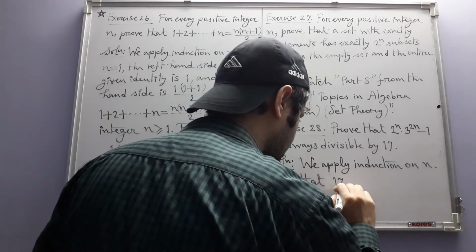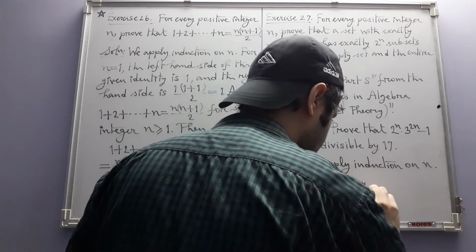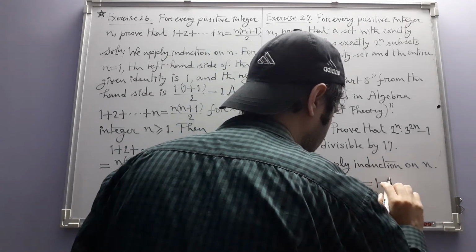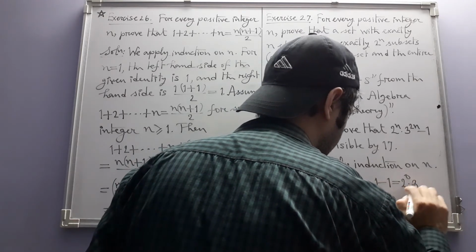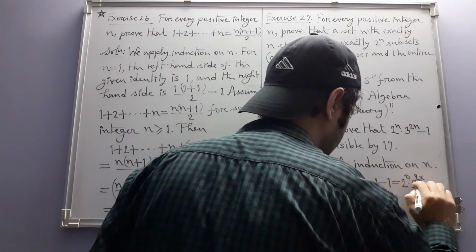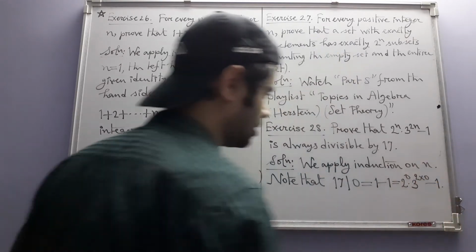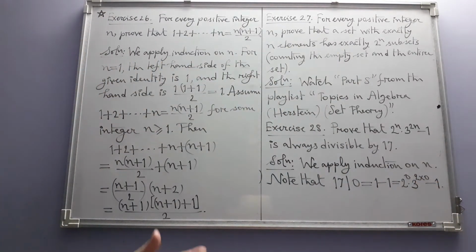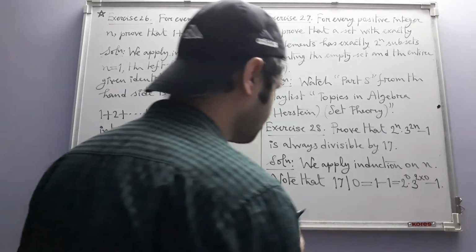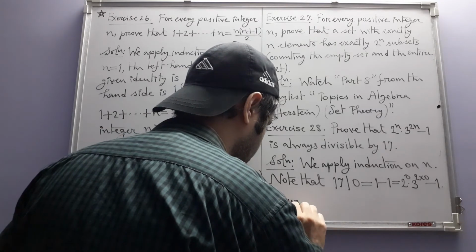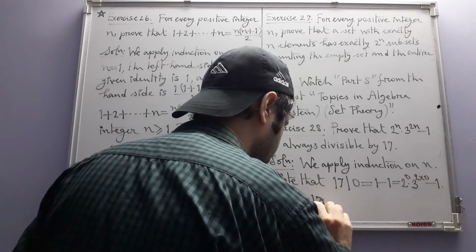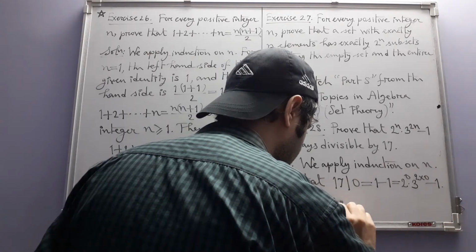Note that 17 divides 0, which is 1 minus 1, and that is 2 to the power 0 times 3 to the power (2 times 0) minus 1. So when n is 0, the corresponding number is divisible by 17. So this is the basis for our induction. Assume 17 divides this.